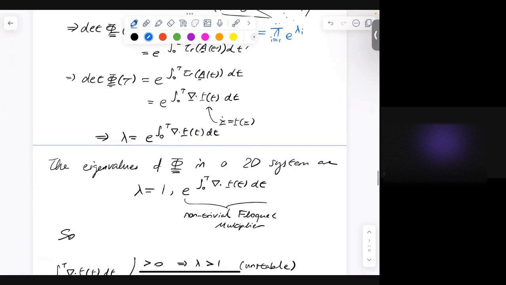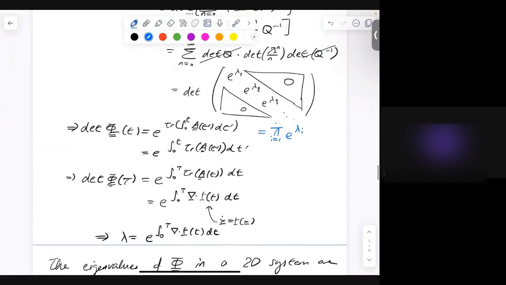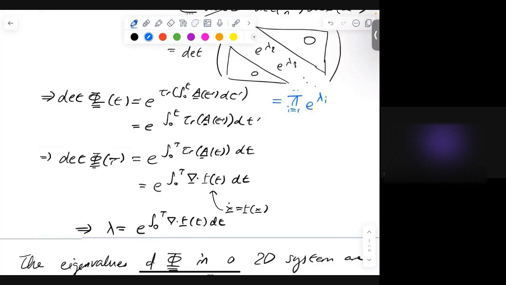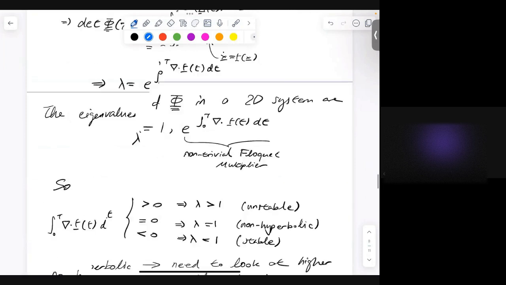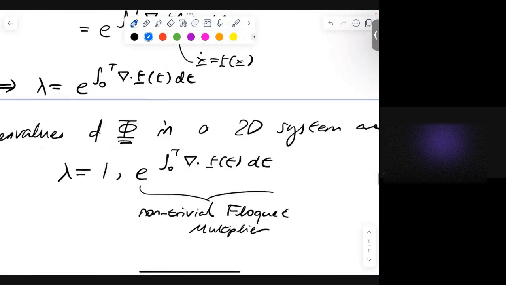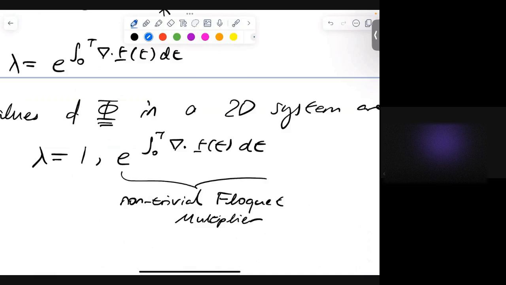So in that case, we can find the second eigenvalue through the calculations I've shown here, and it turns out that it is this, and this gives you the non-trivial Floquet multiplier.